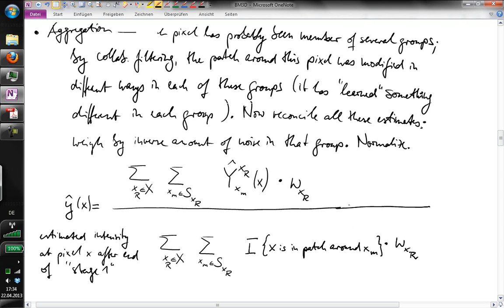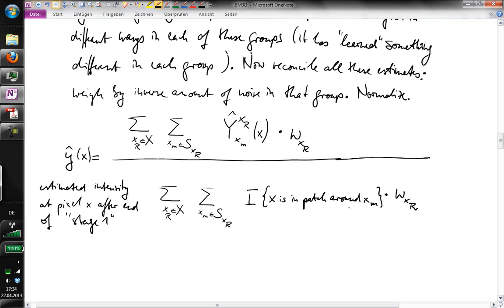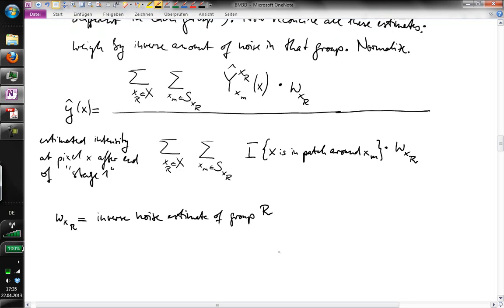Okay, I still need to define this WXR. This is the inverse noise estimate of group R, and this is found from the coefficients of the D+1 dimensional transform.